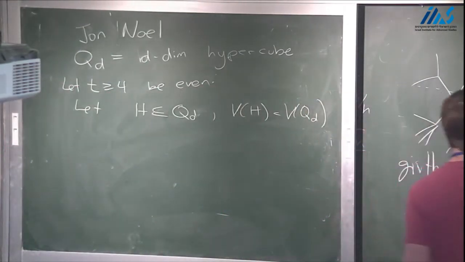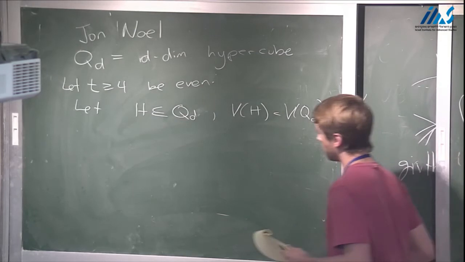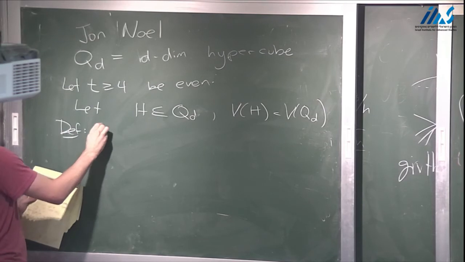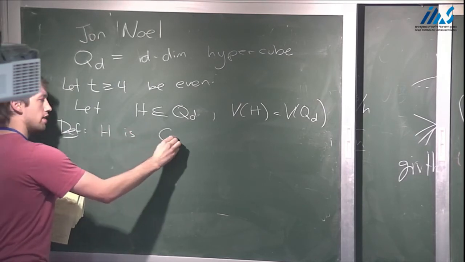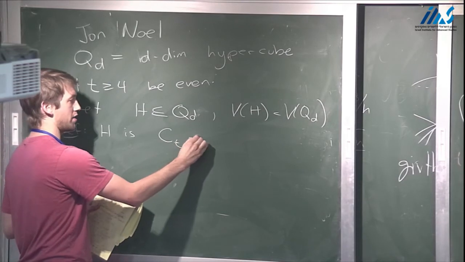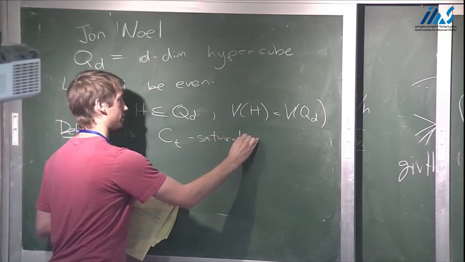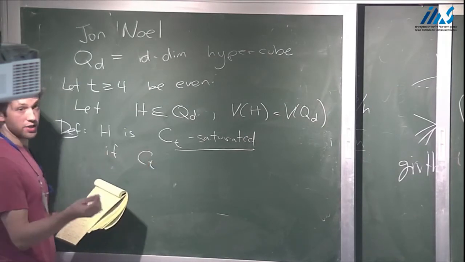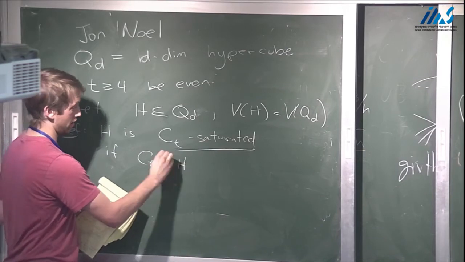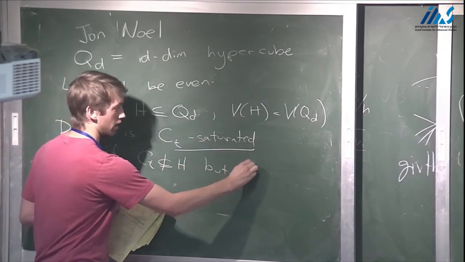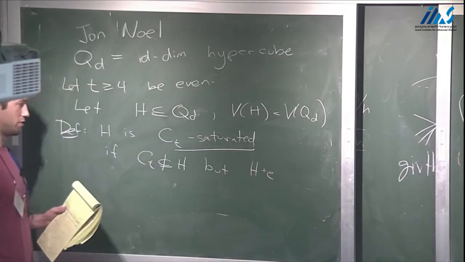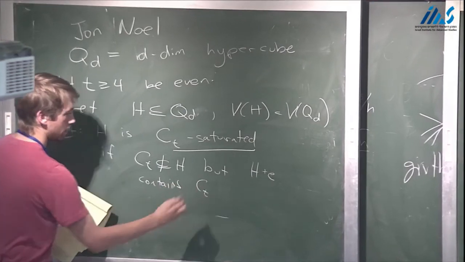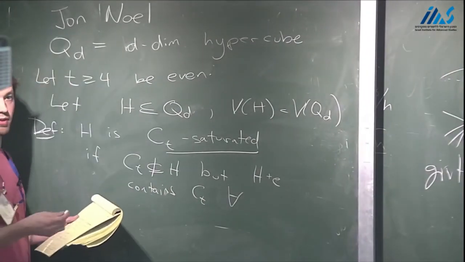So the question, okay, I'll say, so definition: H is C_t-saturated if H doesn't contain a copy of C_t, but if I add an edge, so H plus e contains C_t, for all of the possible edges I could add.